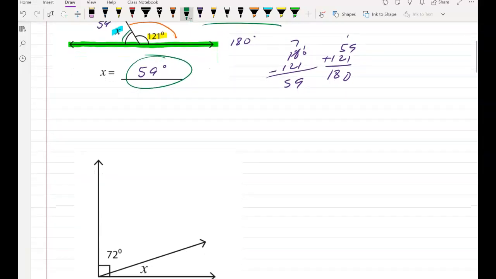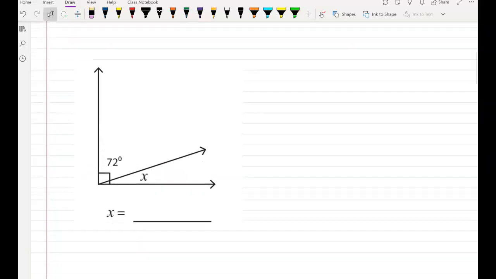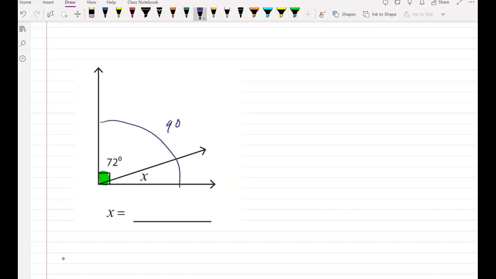All right, moving on to this next one. We see here that we have a 90-degree right angle. How do we know it's a right angle? Because we have this cool square in the corner. So we know that the entire thing is 90 degrees. That means this angle, which is 72, plus this angle, which we don't know, has to equal 90 degrees.